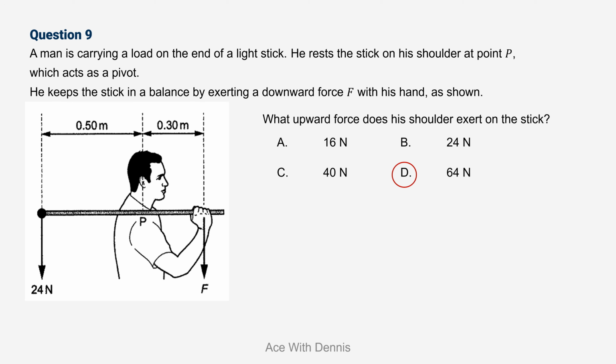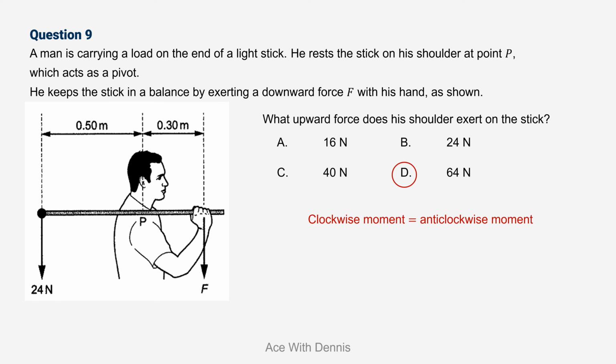The answer is D, 64 newtons. So based on the principle of moments, the clockwise moment is equal to the anti-clockwise moment. So the F will exert a clockwise moment where P is the pivot, and the distance of F from the pivot will be 0.3 meters.